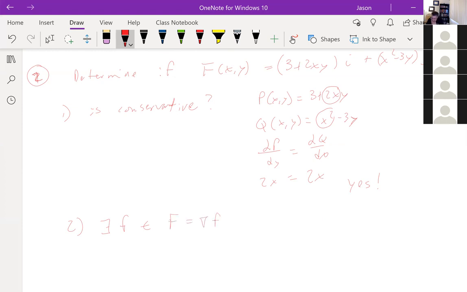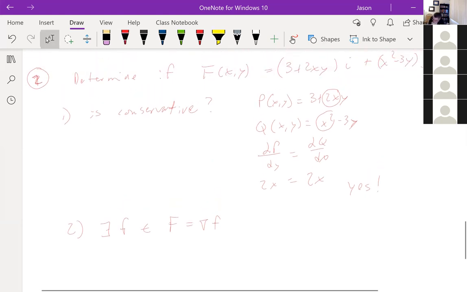When I take the gradient of that function, I get the original function here. So that begs the question, what is f? Find little f, the parent function. So f is going to be equal to f sub x.